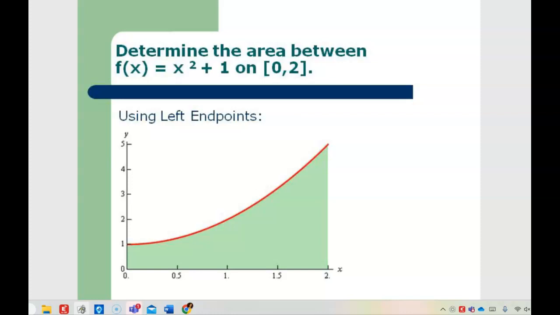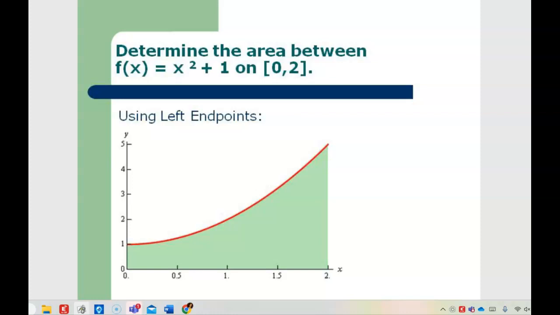It says using the left endpoints, we want to determine the area between x squared plus 1 and the x-axis from 0 to 2. So our goal is to approximate the area of the green shaded region to the best of our ability.